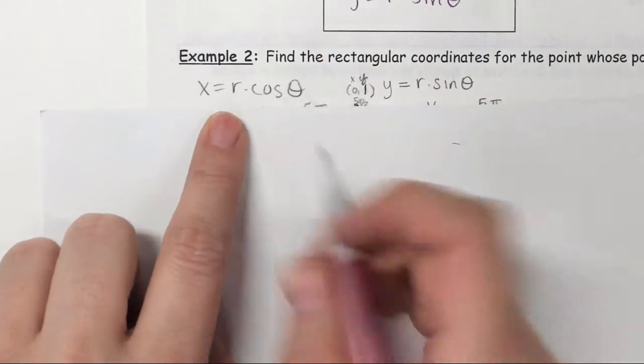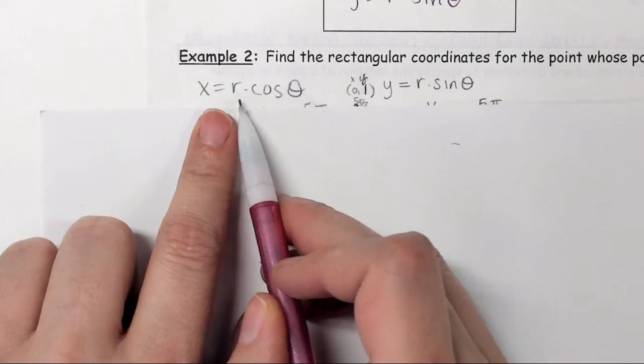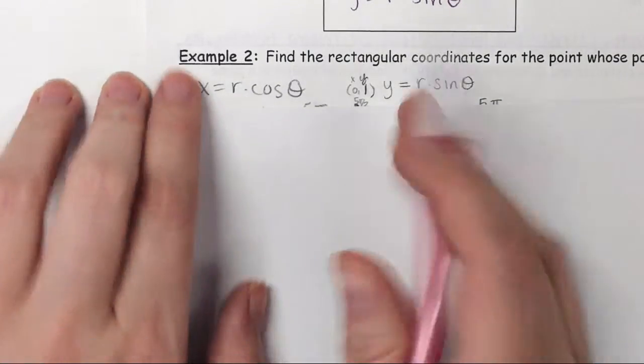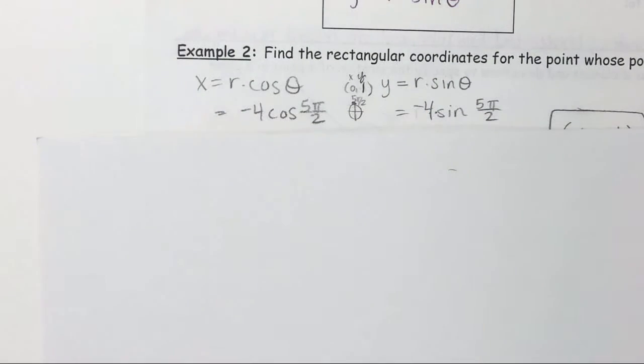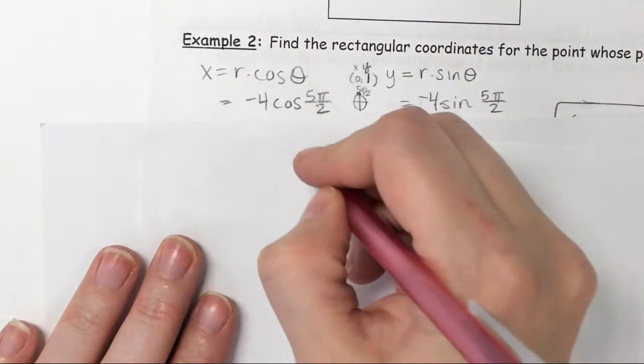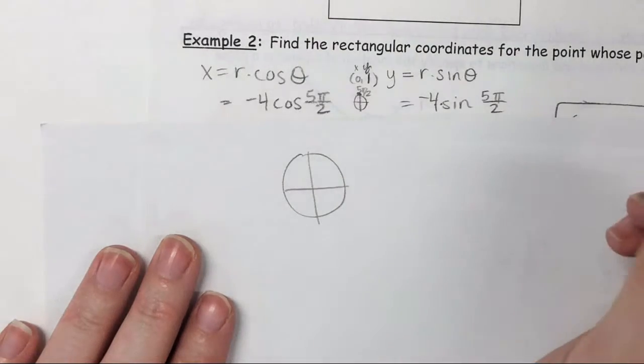Okay, so I just wrote x equals r times the cosine of theta. So what was our r value? Okay, and theta is 5 pi over 2. And then you can use your unit circle to find that value. If you think of your unit circle, 5 pi over 2 is going to be the same place as pi over 2, right?